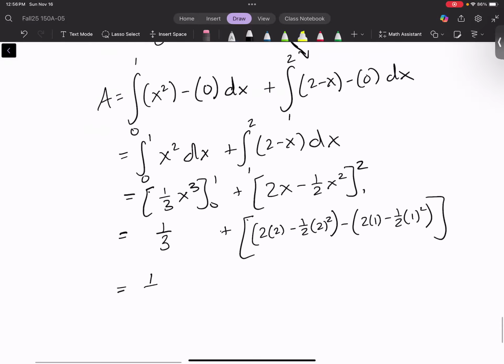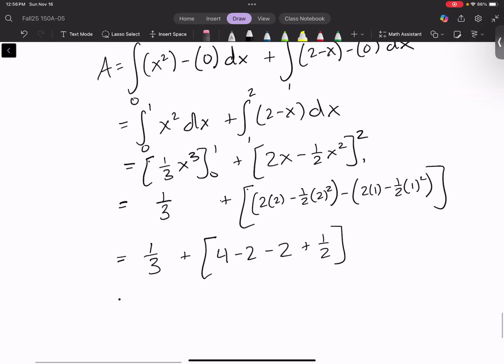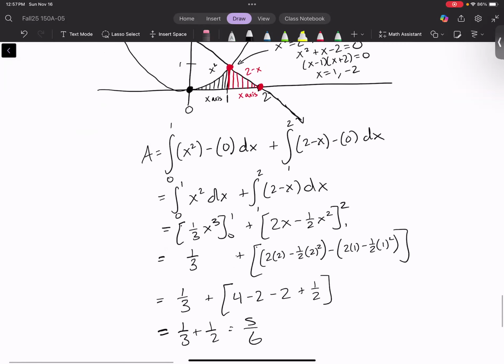Okay, so this is a third plus 4 minus 2 minus 2 plus a half. So this is a third plus a half, which is 5/6. So that's the area of our region.